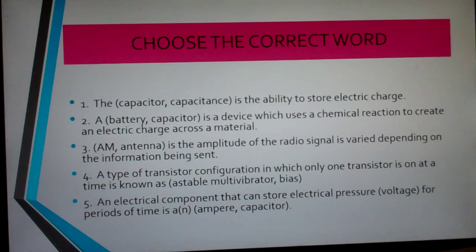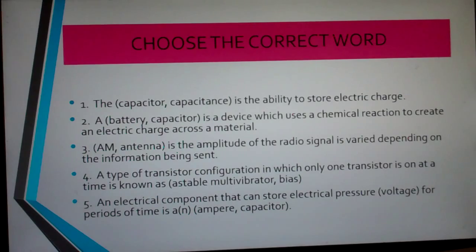Choose the correct word. Number 1, the capacitor, capacitance is the ability to store electric charge. Number 2, a battery or capacitor is a device which uses a chemical reaction to create an electric charge across a material.